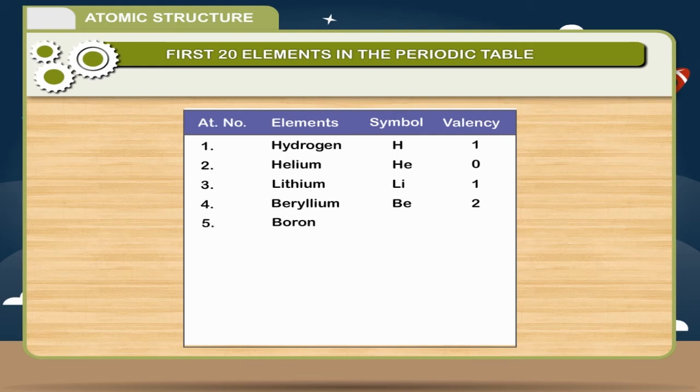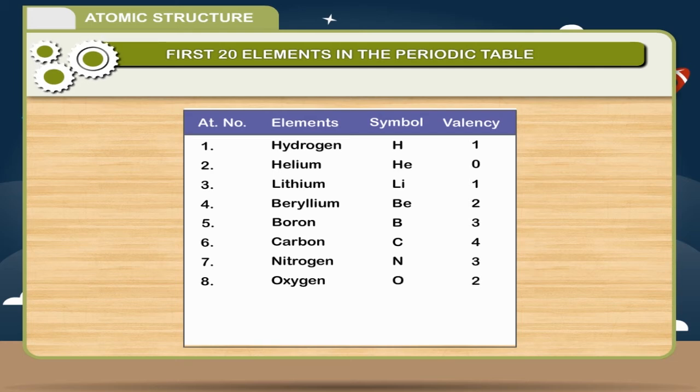Boron, B, 3. 6. Carbon, C, 4. 7. Nitrogen, N, 3. 8. Oxygen, O, 2. 9. Fluorine, F, 1. 10. Neon, Ne, 0.